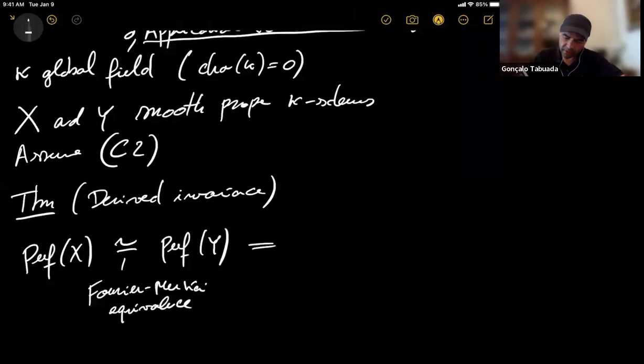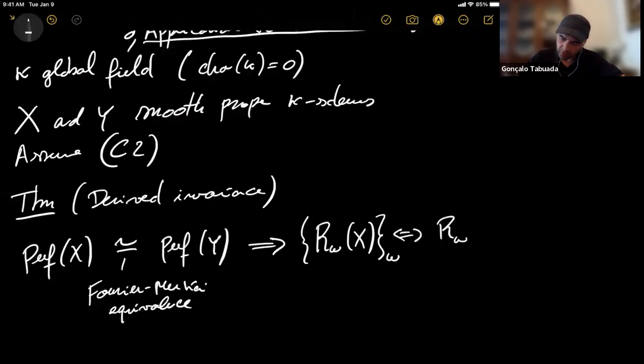Then in this case, it turns out that the Riemann hypothesis for one variety, if you want this family indexed on the weights, is actually equivalent to the Riemann hypothesis for the other variety indexed on the weights.